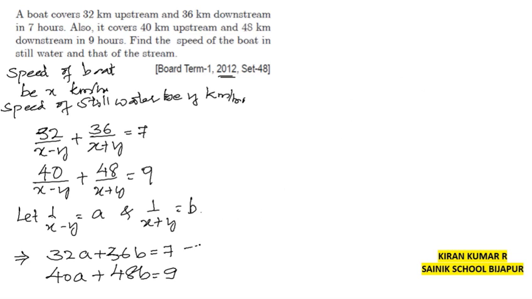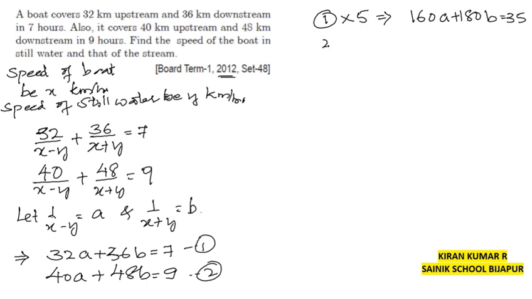Let me call this equation 1 and this equation 2. If you multiply the equation 1 with 5, we will be getting 160a plus 180b equal to 35. If equation 2 is multiplied by 4, I'll be getting 160a plus 192b equal to 36. Now you see the coefficients of a are same, so I am eliminating a term.